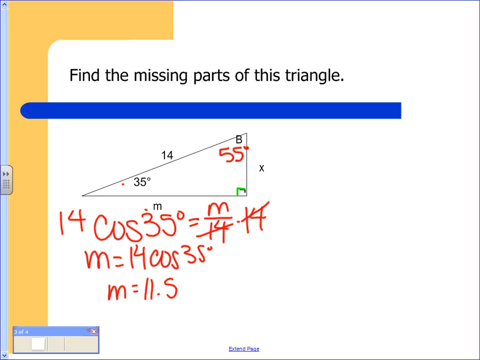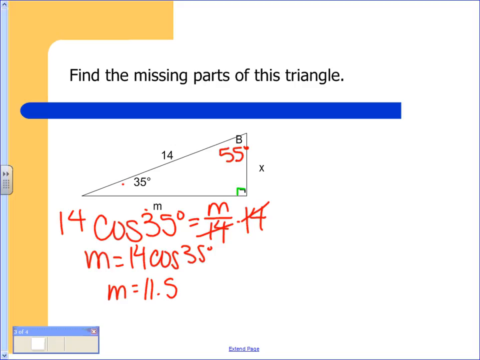Yes. If you use 55 to find m, you'd have to say the sine of 55 would be m over 14, because the opposite and the adjacent switch up whenever you change things. Does that make sense?